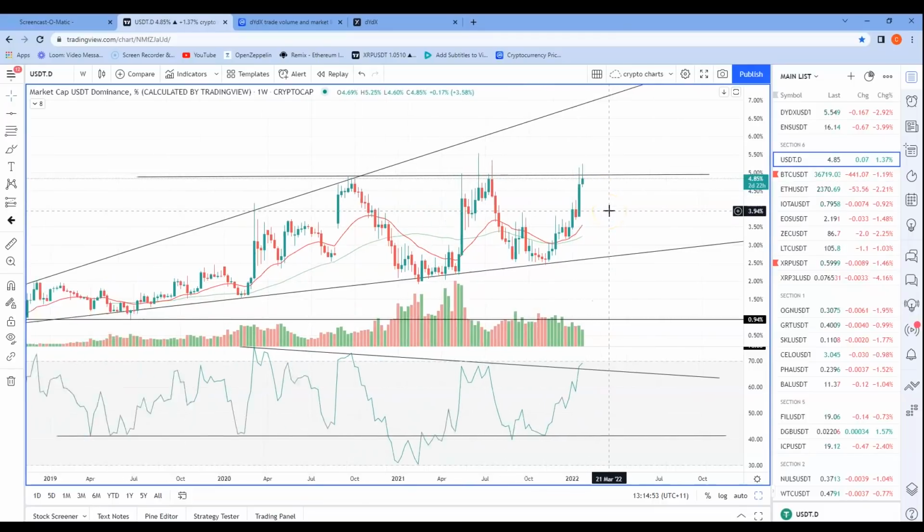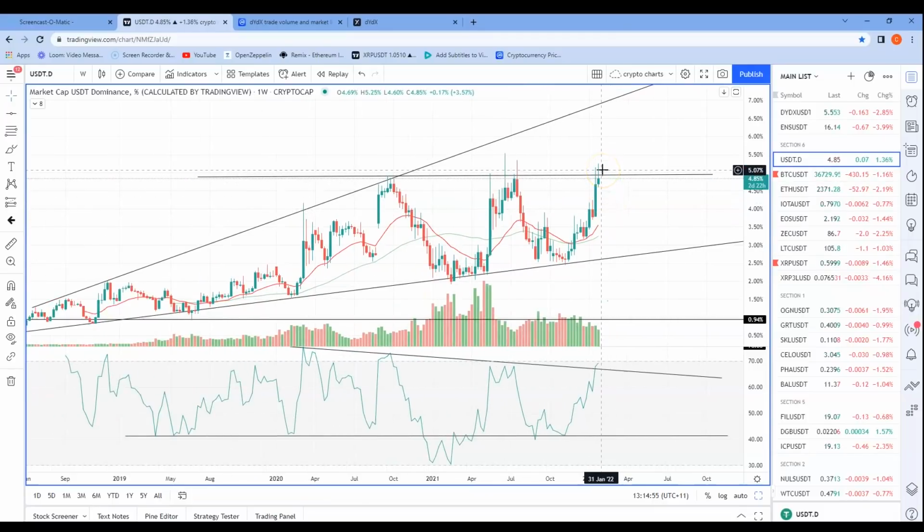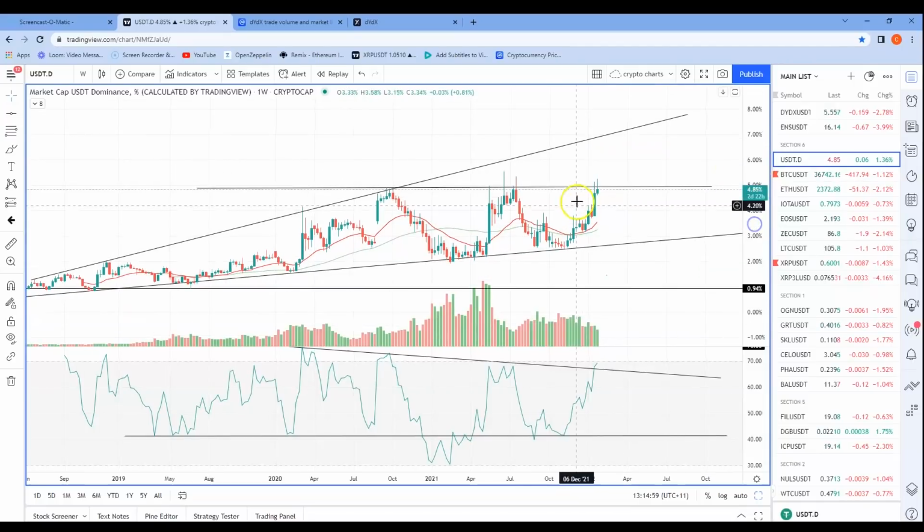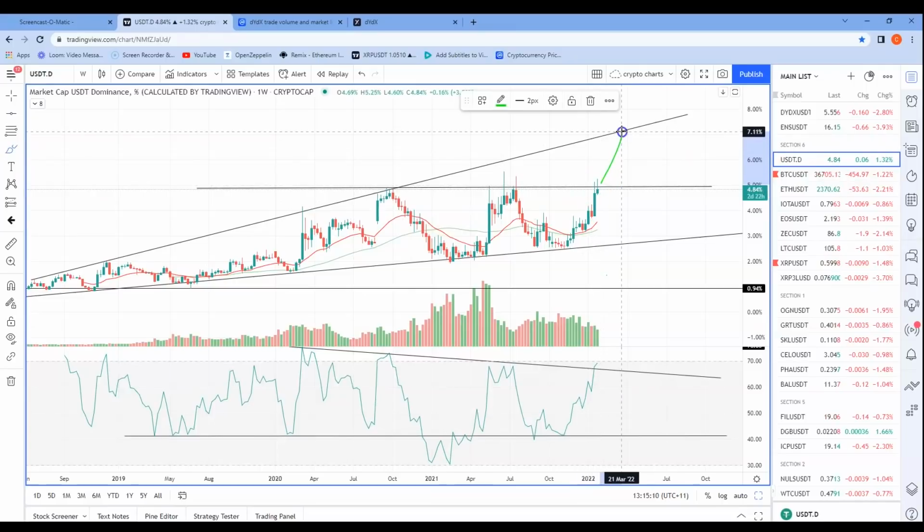So it's very important to look at the weekly to make sure it closes above or below. If it closes above, I expect it to hit the 6.97% mark, and if it hits this level, it'll be devastating for the crypto.